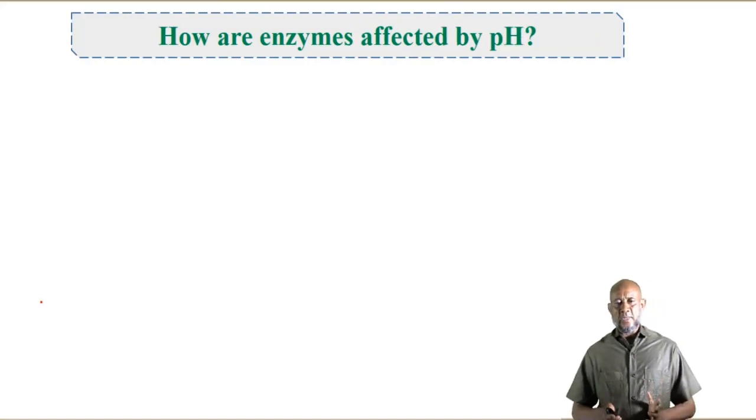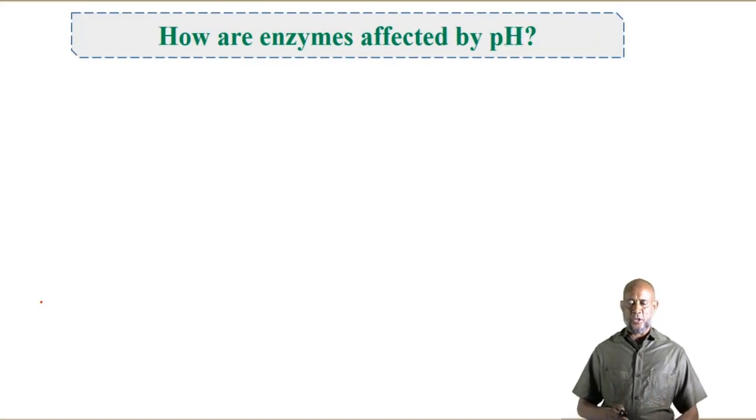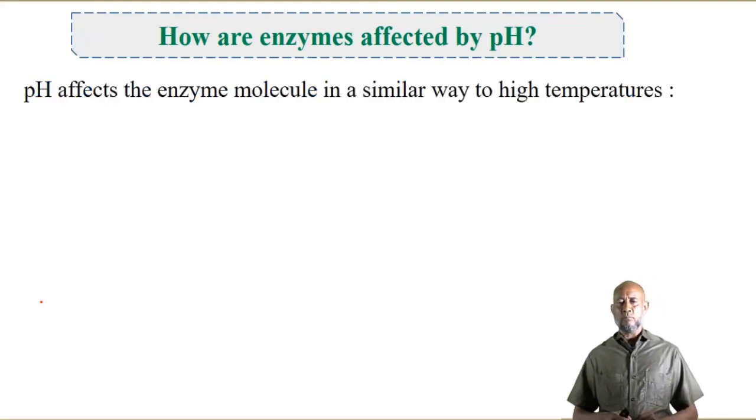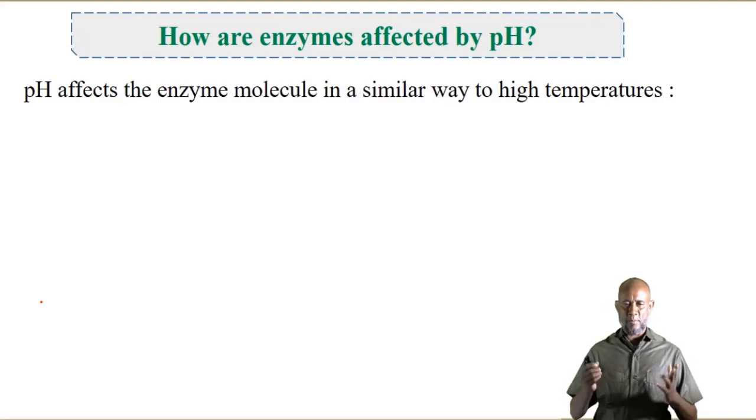How are enzymes affected by pH? Now let's look at the other factor which affects the property of the enzyme. pH affects the enzyme molecule in a similar way to higher temperature.